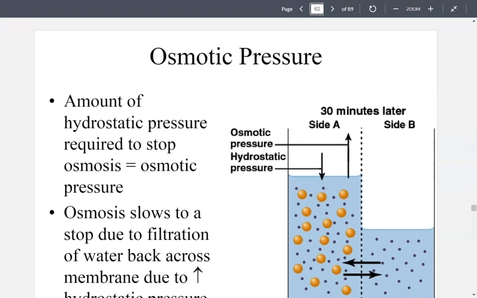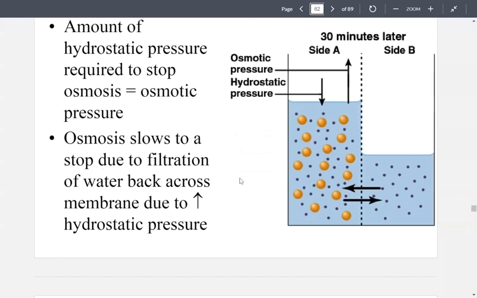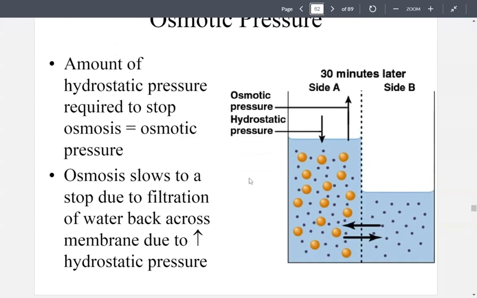I flipped my terms back around. Sorry about that. So, osmotic pressure is the amount of force exerted by water that is needed in order to stop osmosis. And that does not necessarily mean that the concentrations have leveled out.